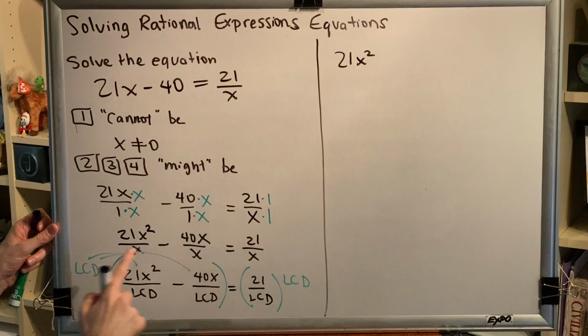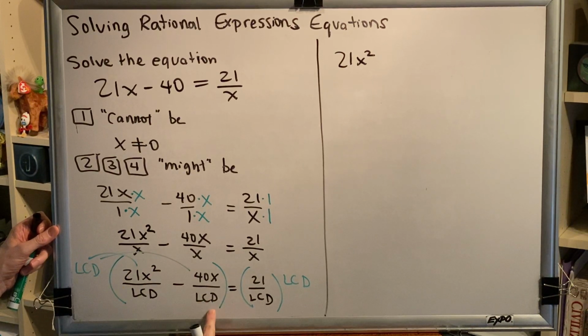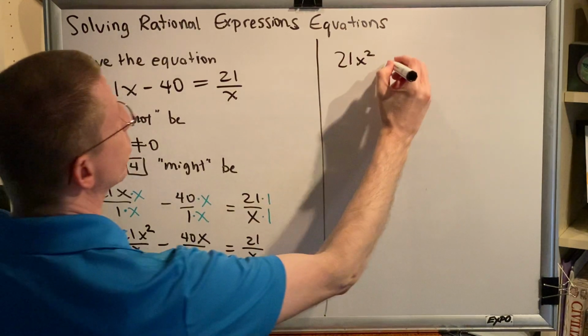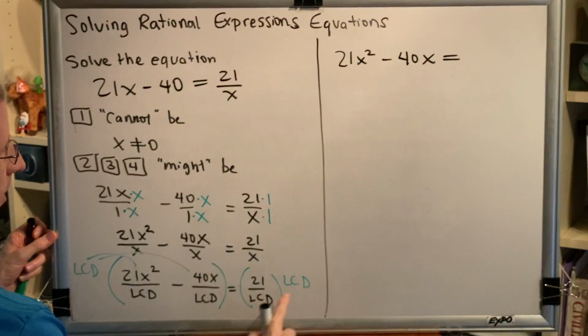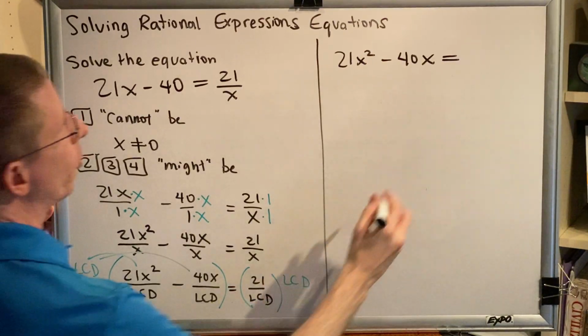When this LCD is then also distributed to the second fraction, the same thing happens. LCD cancels with LCD, leaving me just my numerator, so I'll have subtract 40x. On the right, this LCD cancels with this, leaving me just the numerator, 21.